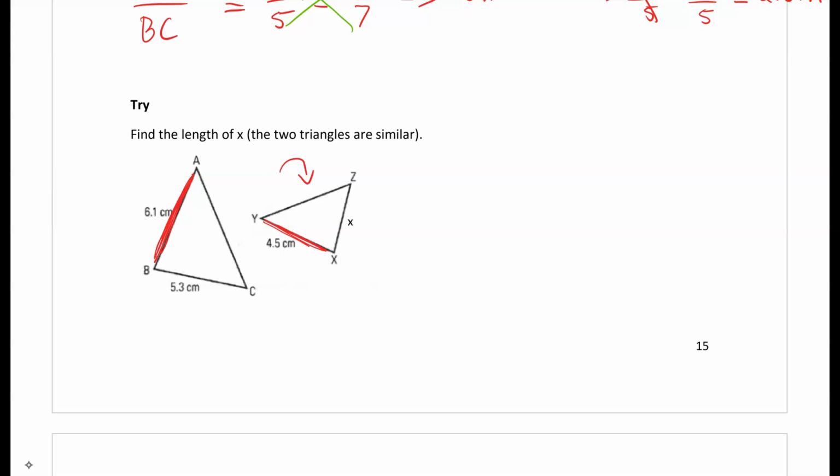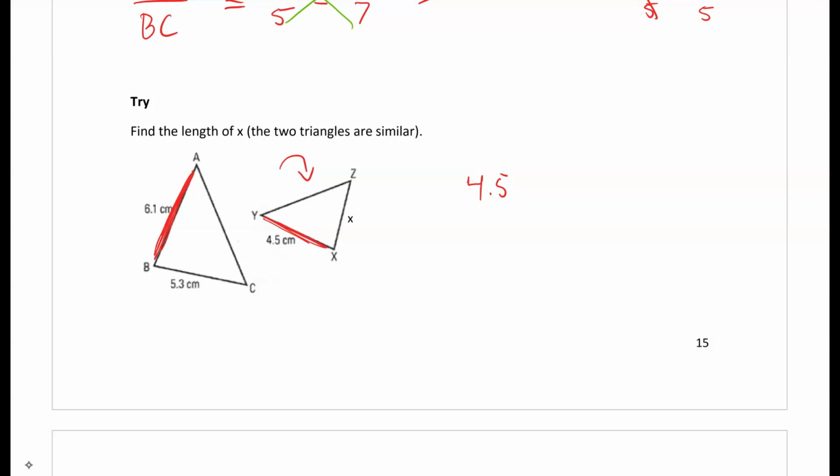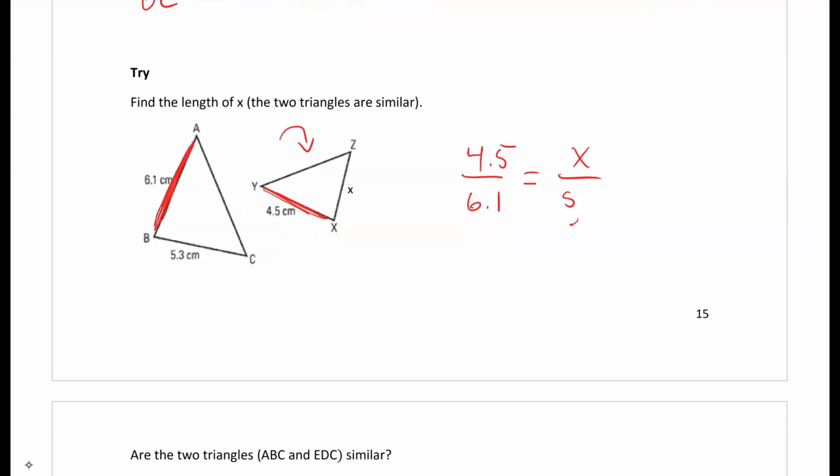So what we can do now is set up our proportion where we have 4.5 over 6.1, because that's the side that it corresponds with. And then we have our unknown x over our 5.3.